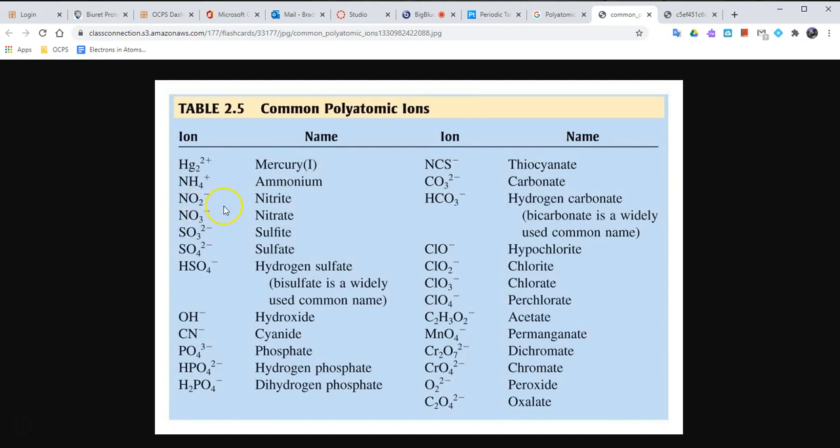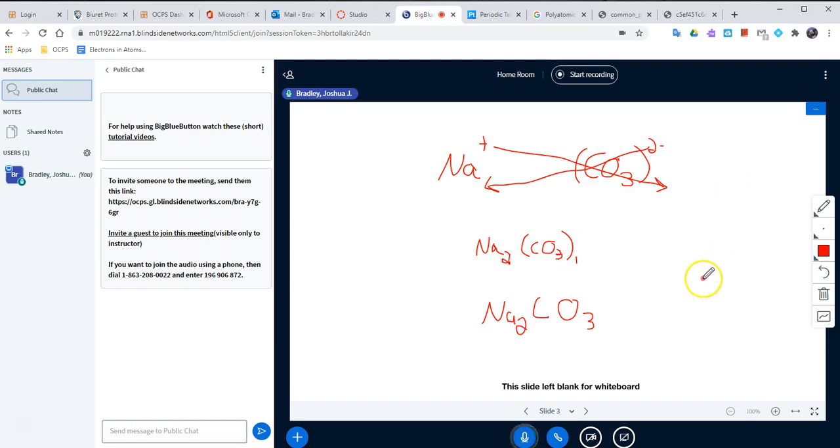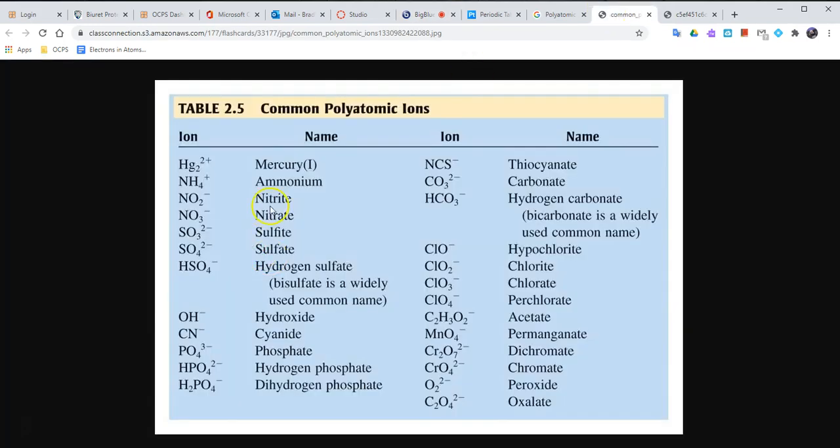This isn't nitride, and it's not nitrogen, it's nitrate. Whenever you see something that ends with ATE or ITE, you should automatically think that it is a polyatomic ion. Here we have sodium carbonate, notice that it has ATE. All of these have either nitrite or nitrate. That's how we differentiate them from their single atom counterparts.